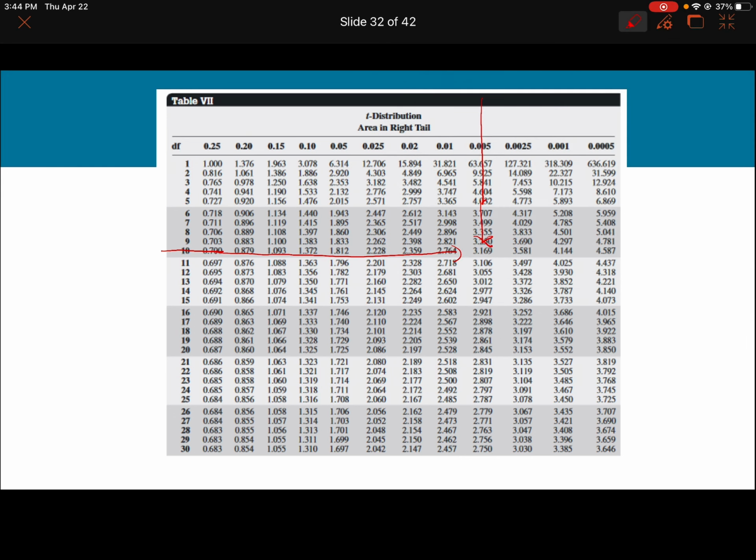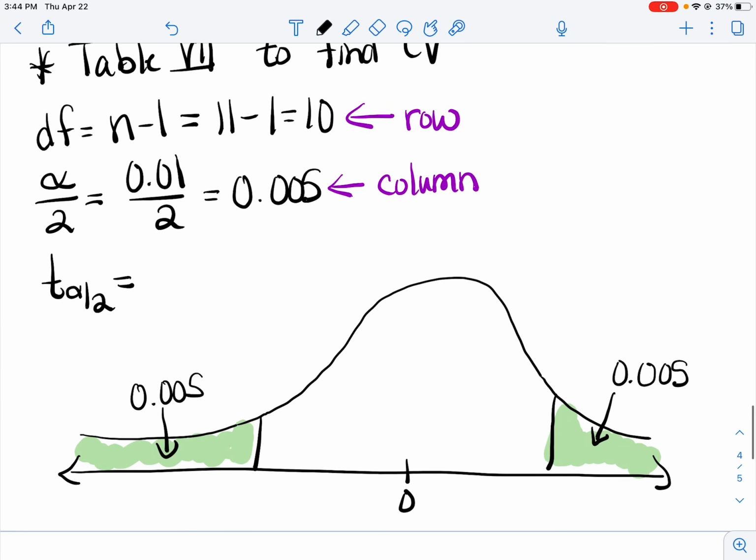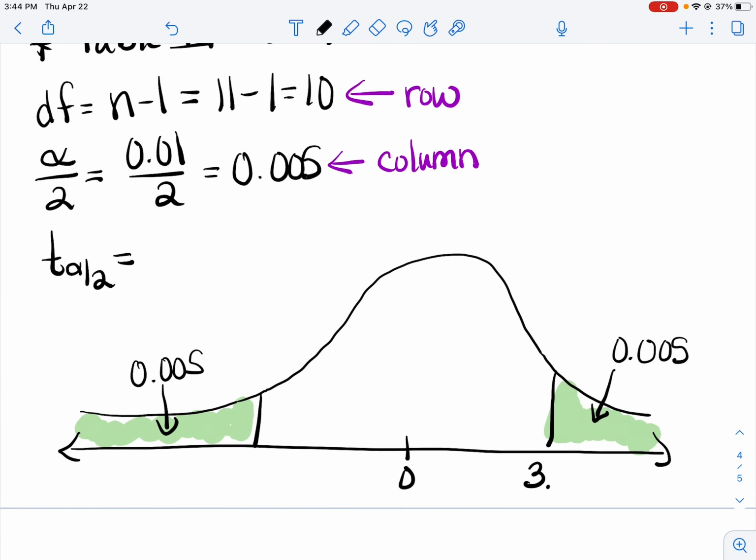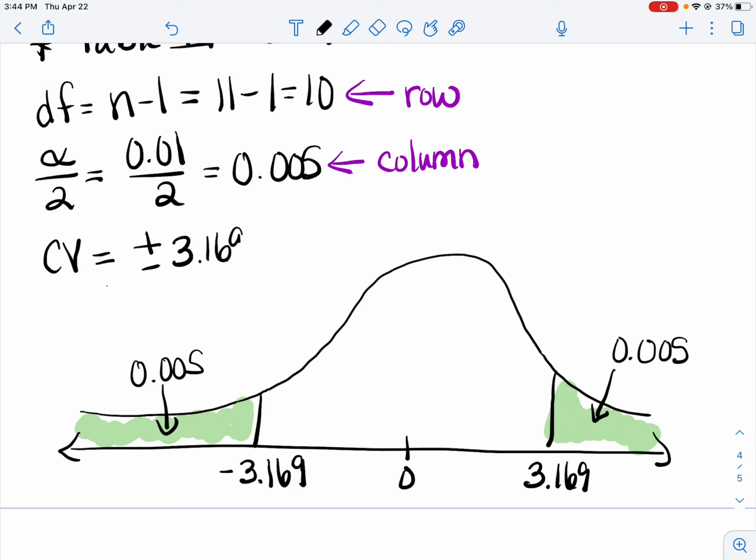And notice here I get 3.169. This value on the right then is 3.169. That's the area to the right for that Table 7. And over here, I'd have the opposite value of negative 3.169. And so our two critical values here are plus and minus 3.169. A two-tailed test will always have two critical values.